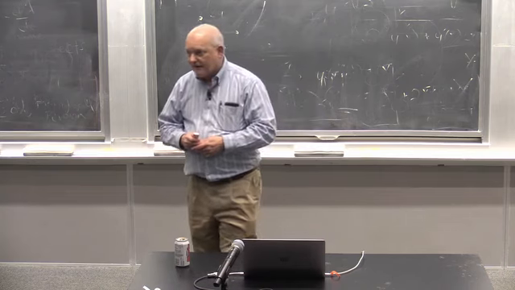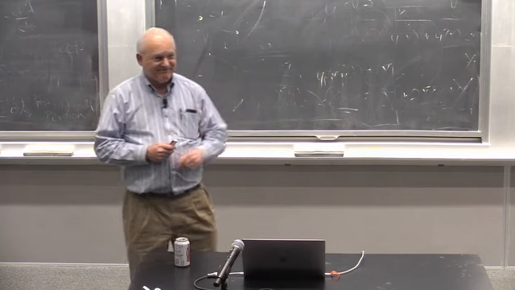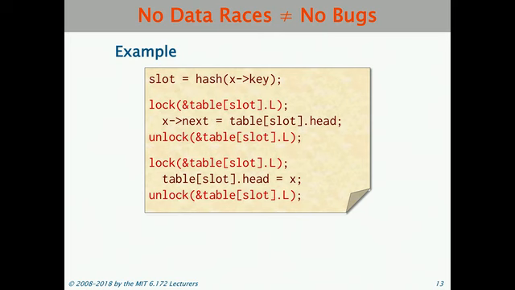Let me give you an example, which is more to the point. Here is a way of making sure that I have no data race: I lock before I follow the table slot value, and then I unlock, then I lock again, and then I set the value.